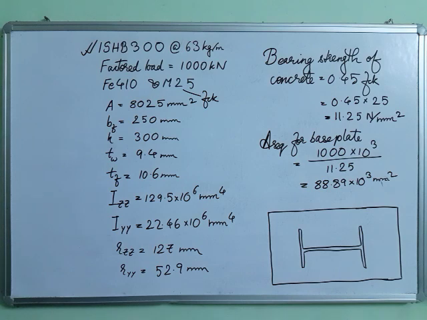Now just mention the values of H and BF in the column section.